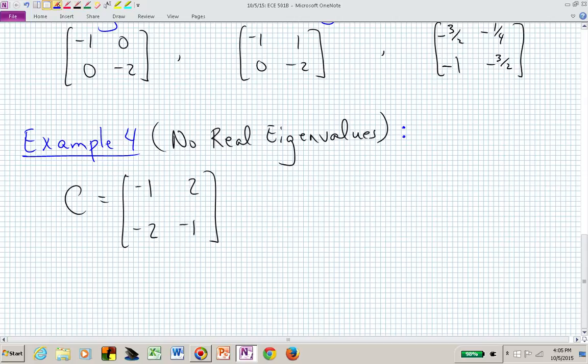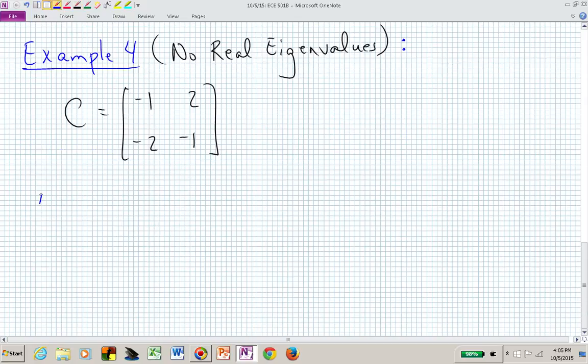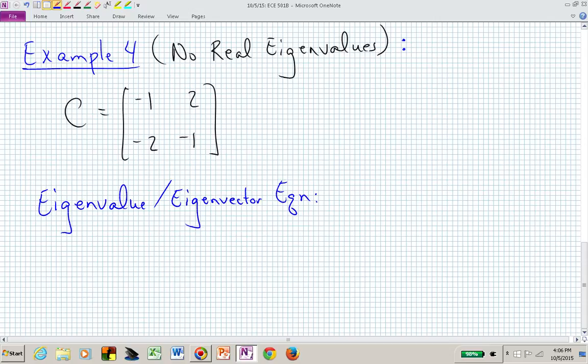Let's go through that quickly so that we can believe that this particular matrix does not possess real eigenvalues. If we start with the eigenvalue eigenvector equation, that says that we have Cx equal to lambda x, and we're looking for a vector x.